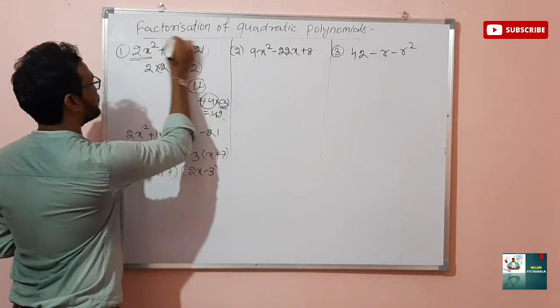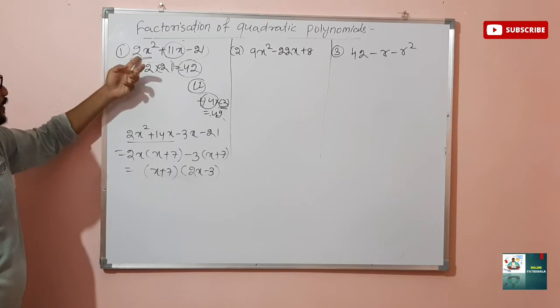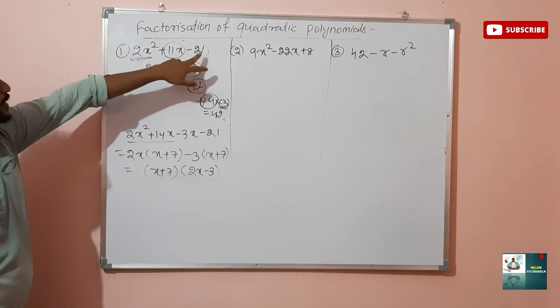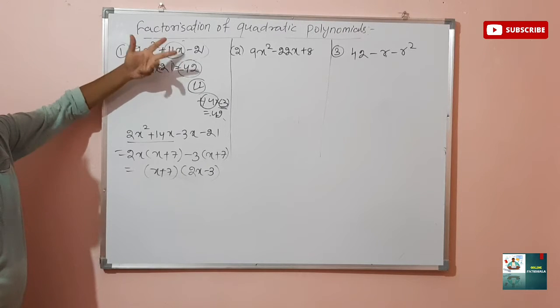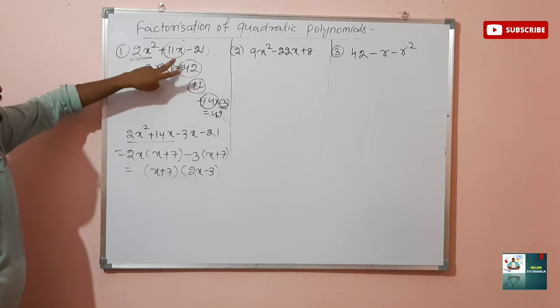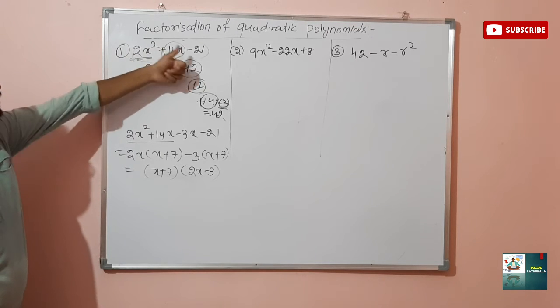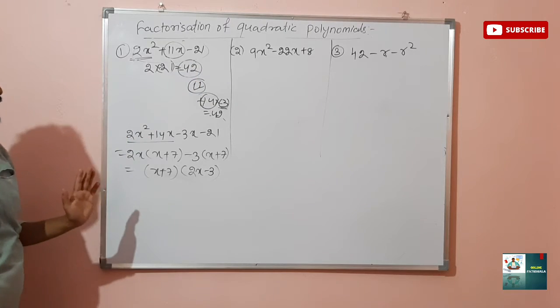This is a very important type of question. Whenever the coefficient of x squared is more than 1, like 2, 3, 4, 5, 6, you have to multiply this number and the last number; that is our product. The addition is the same, that is 11. You have to find two numbers whose sum is 11 and whose product is 2 into minus 21, that is minus 42.